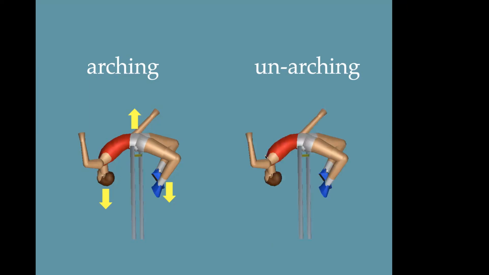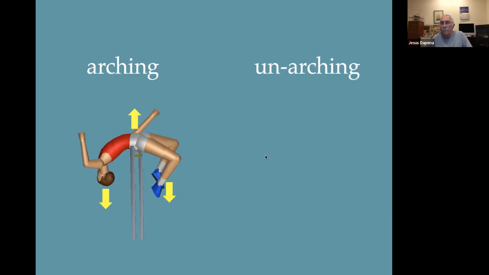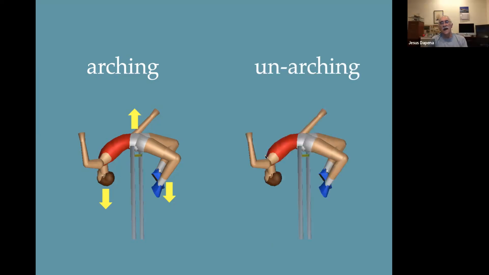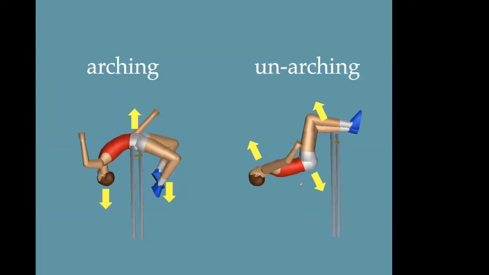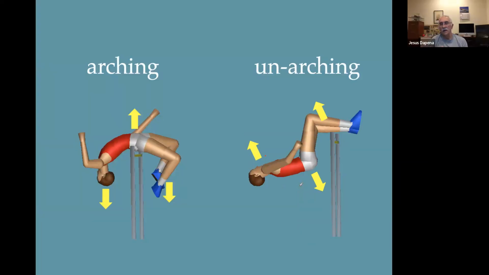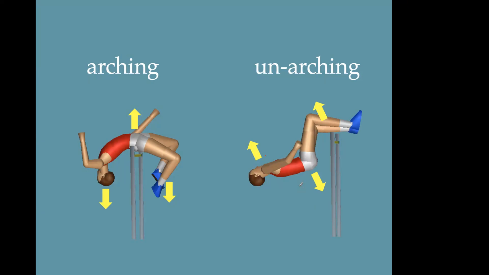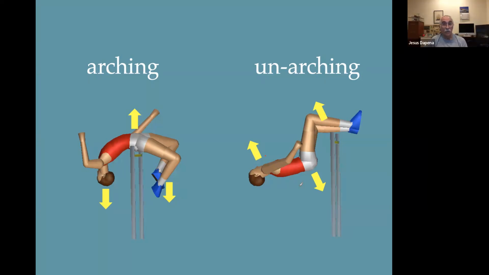And for that, you need to do what is called the unarching. So what does that mean? That means that at some point, you will make your head go up, and your legs will also go up, and your hips will go down. So this is looking at it in a translational sense, but you can also look at it from the point of view of rotation.